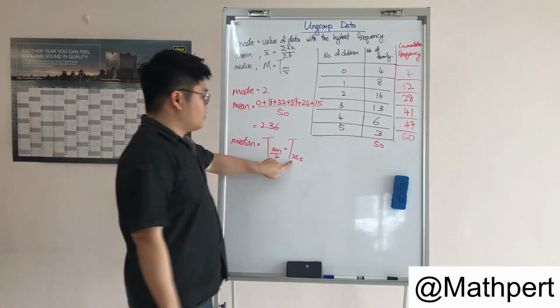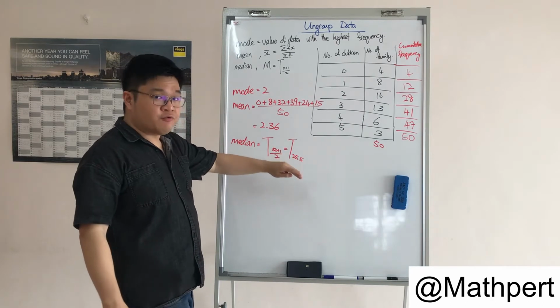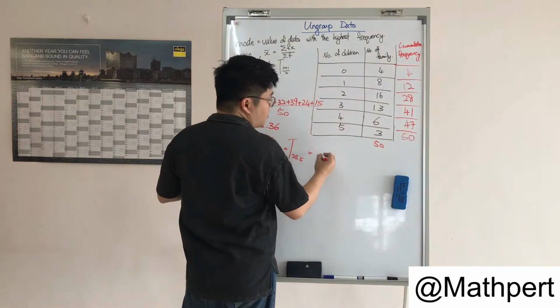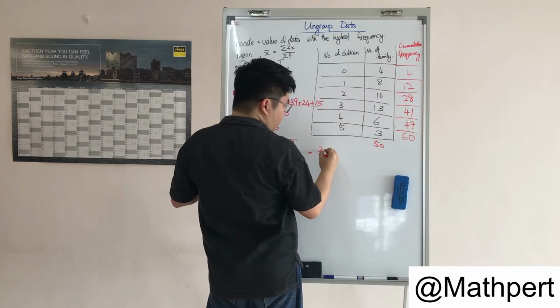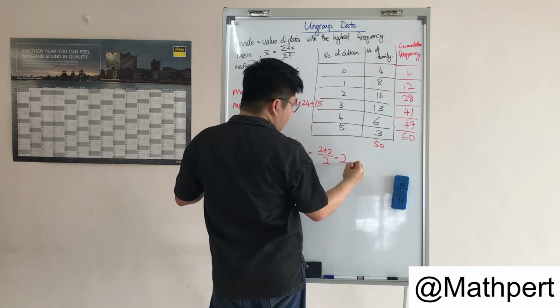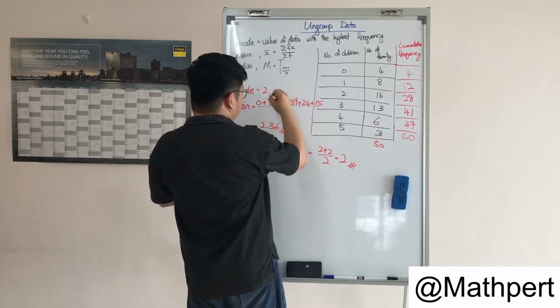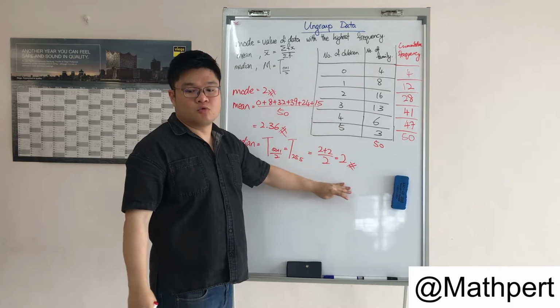So we are looking for the term between the 25th and 26th term. The 25th and 26th here are 2 and 2, and 2 plus 2 divided by 2 is 2. So the median for this data is 2.